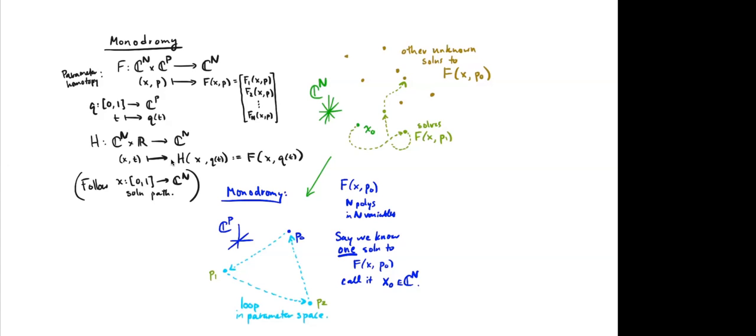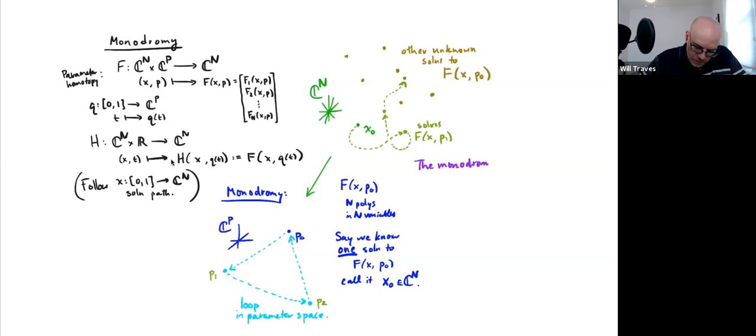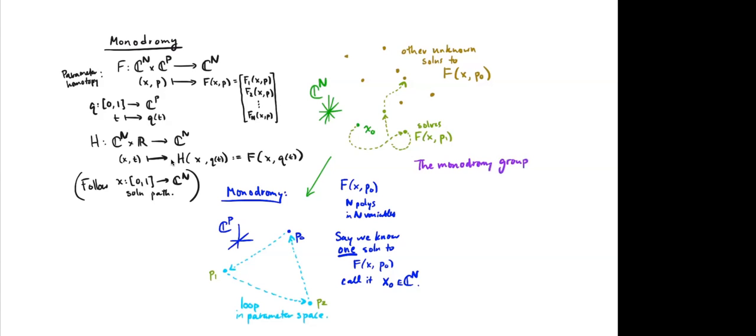And so this is what monodromy is. So the monodromy group of this parametrized family of polynomial equations, what does it do? It's a group. Well, it permutes.